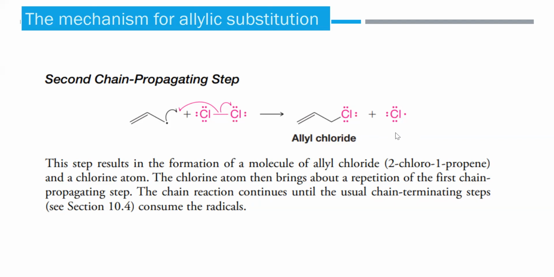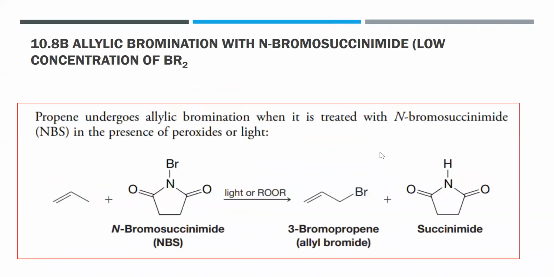So you still get this radical chlorine, and after that you can have the chain termination step. It must encounter another radical, let's say Cl dot, to form the chain termination step, or another radical to form another termination step.